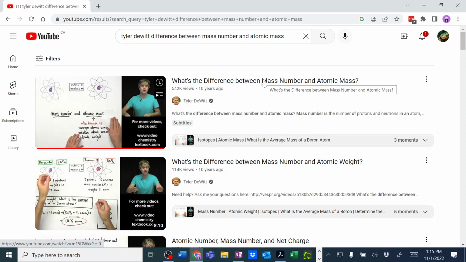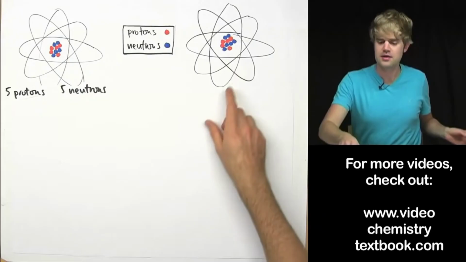We can count them up. 5 protons, and the neutrons are these blue circles. We've got 5 of those. This atom over here also has 5 protons, but it's got 6 neutrons. So you should be able to, at this point, calculate the mass number for the atom on the left and the atom on the right.